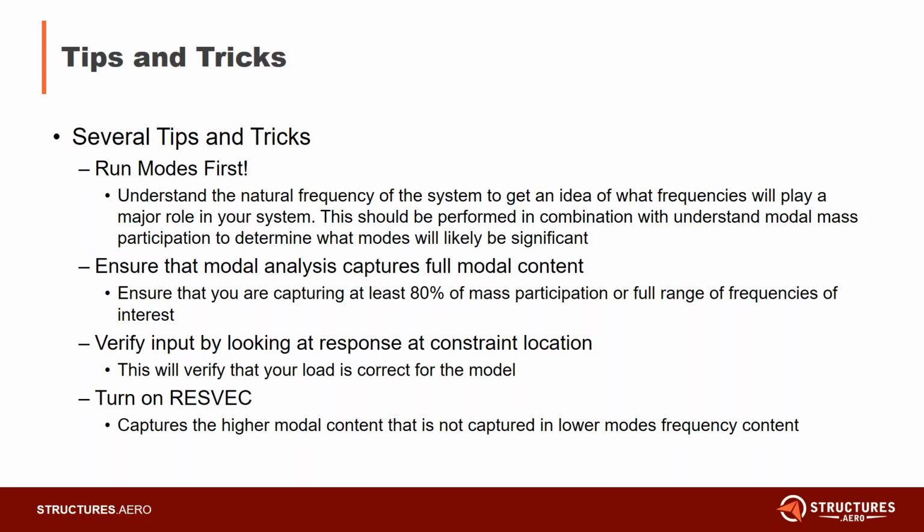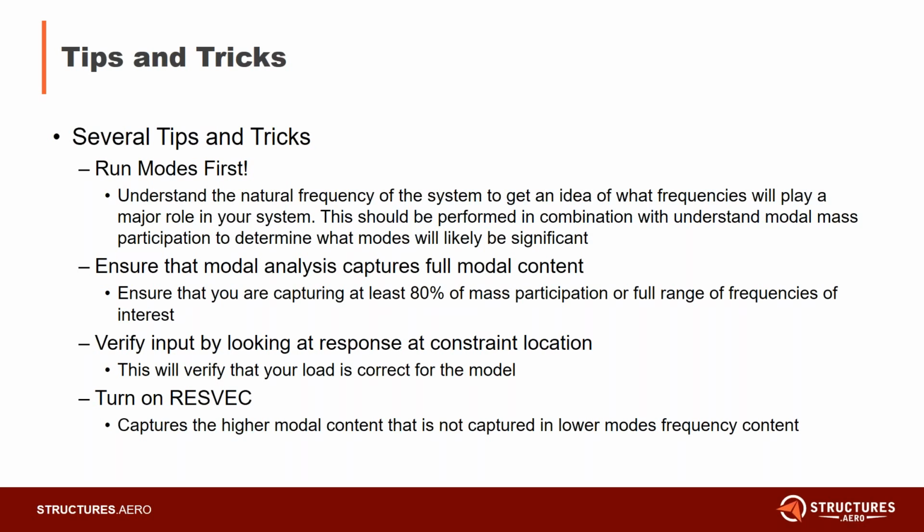Again, you're going to want to check to make sure that you're capturing the full modal content of the system, so at least 80% for the different directions, T1, T2, T3, which I did see a question come up referring to that. That's the translations and rotations of the full system. And that you're ensuring that you're capturing your frequency range of interest.